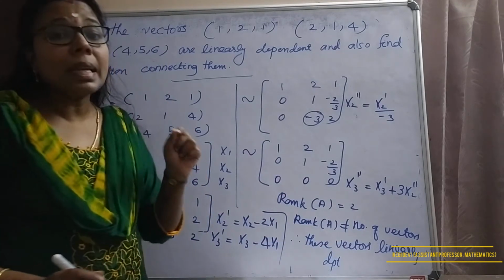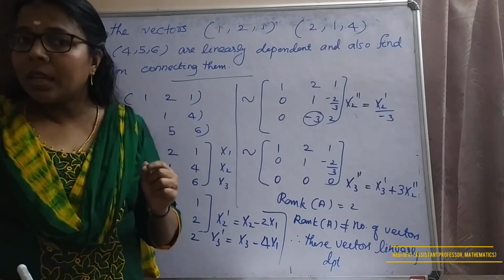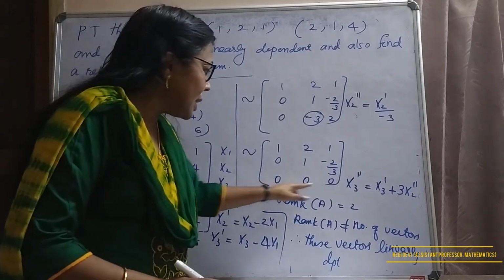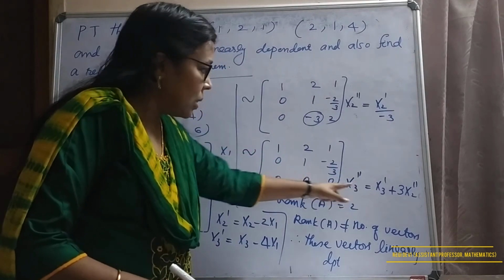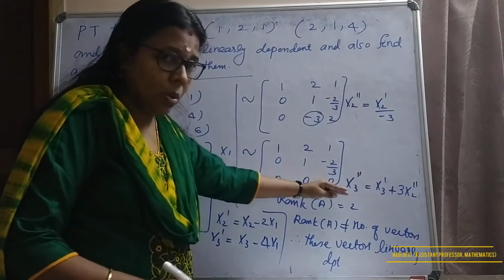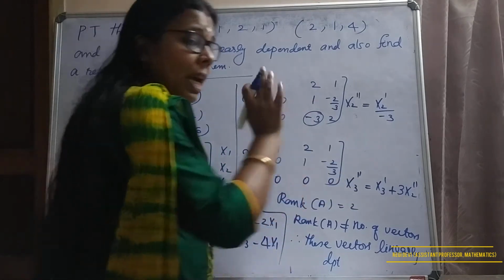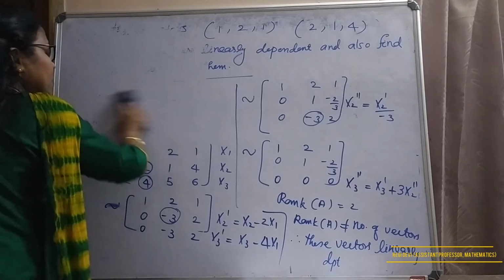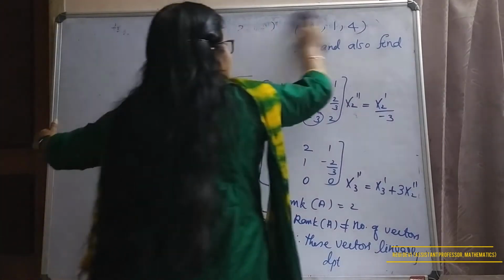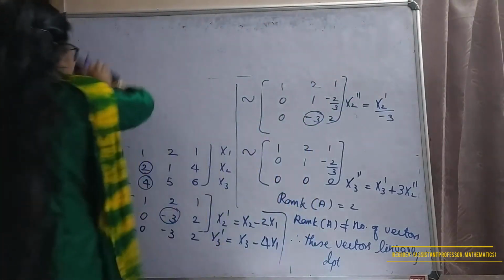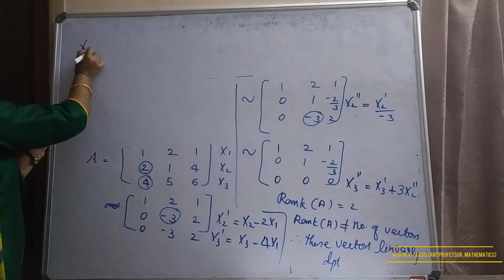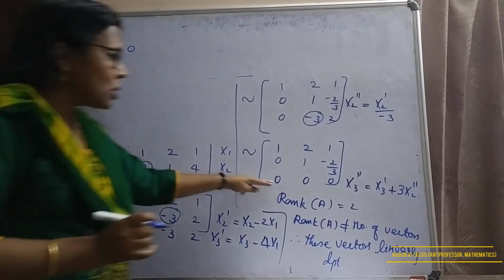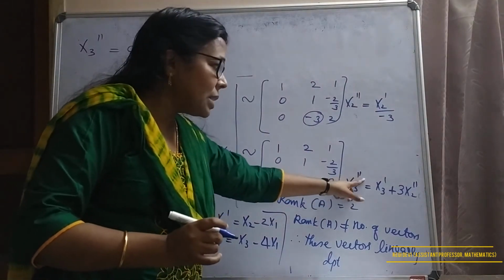Then there should be a relation connecting them. Now we have to find the relation connecting them. How can we find it? Here the third row becomes 0, that is x3 double dash becomes 0.